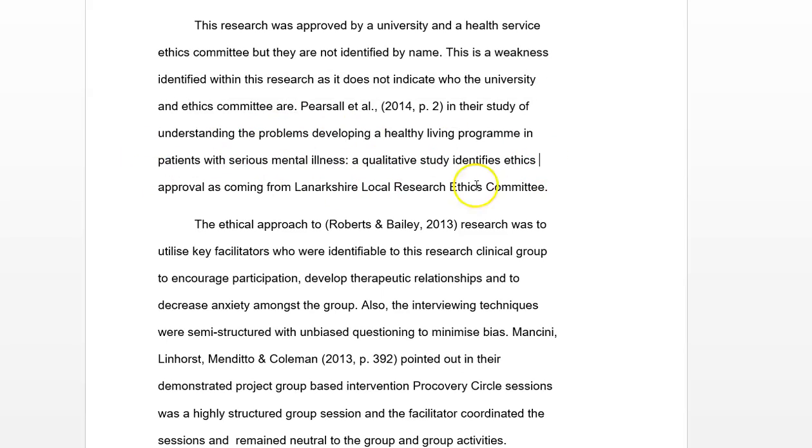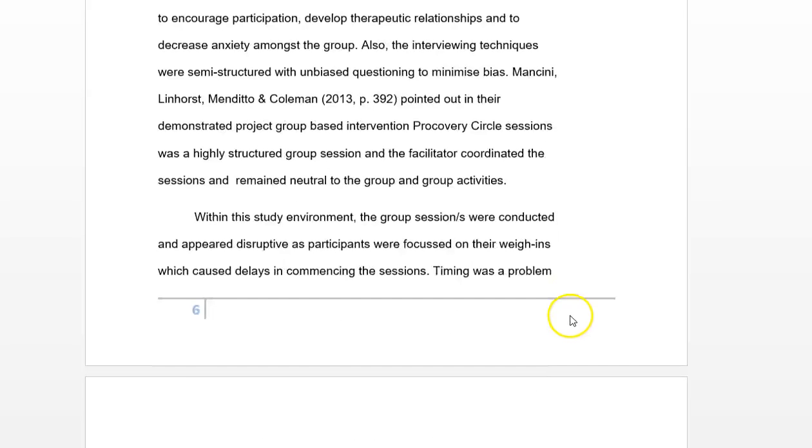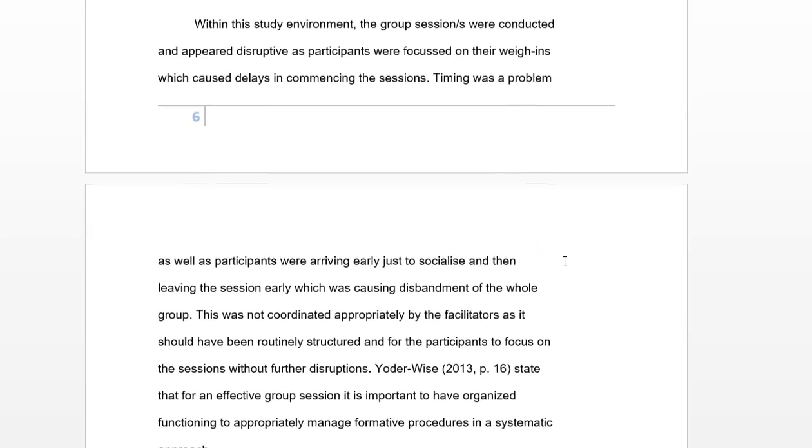It's important to do that though. And then they've got this statement saying it's from Lanarkshire. So that's important to have a think about. Again, this is ethics, and that sort of statement is reasonable.